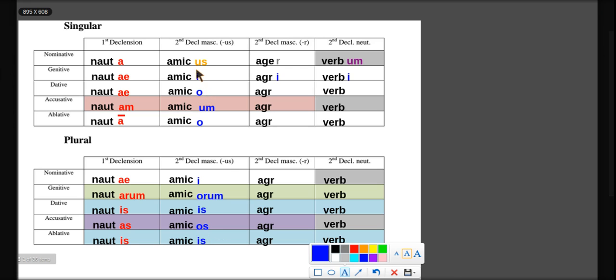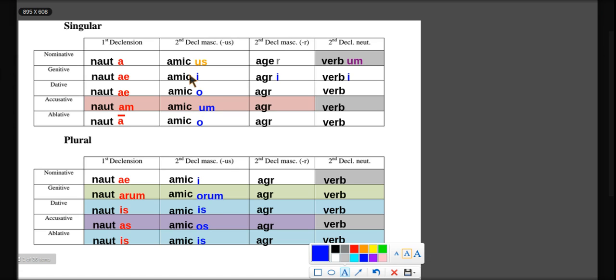Now, if you look at these endings, you have a number of o's that pop up. These o's are actually your second declension vowel. So your second declension is the o declension. Your first declension is the a declension. That's much more apparent. But that should help you remember some endings in the second declension if you associate that o with your second declension nouns.